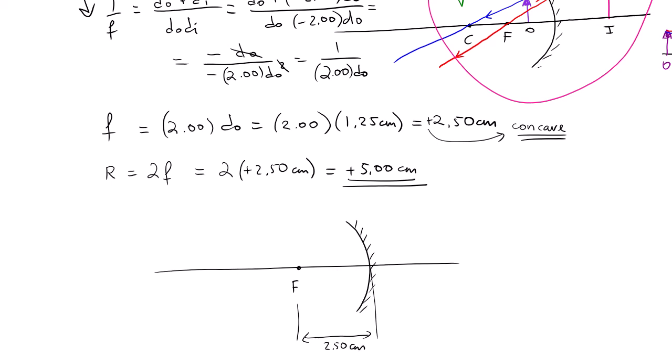Now our object is 1.25 centimeters away, which is really halfway to the focal point. So here's the object, okay? And we already know what we get for this situation. So this would be 1.25 centimeters.